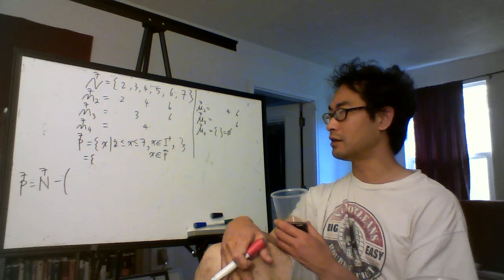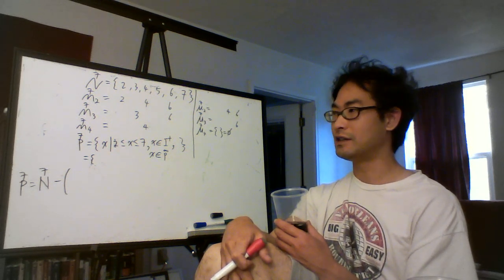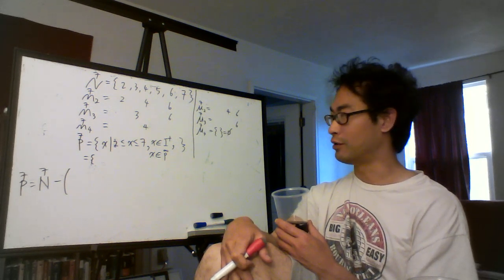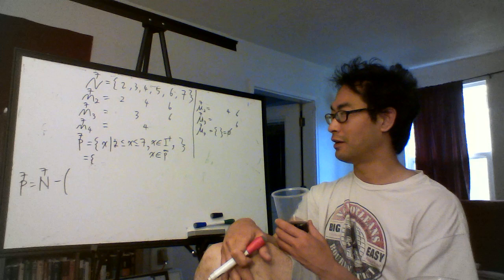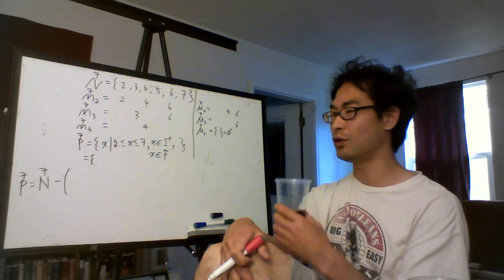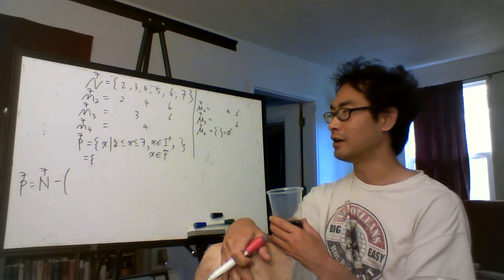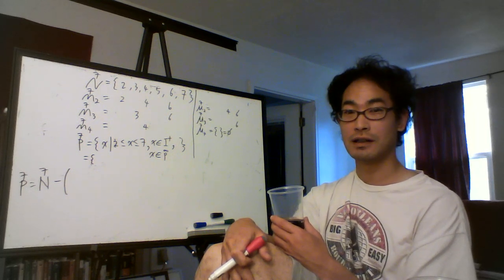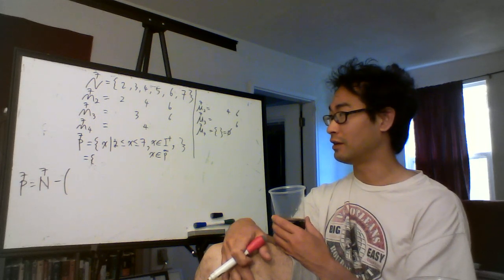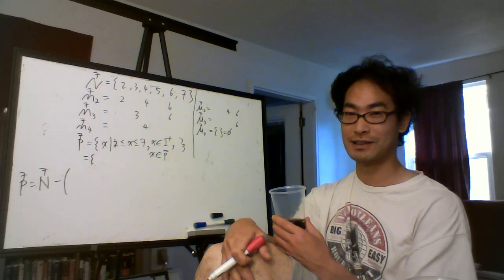It's a set each of whose members are less than 7, something like that. It's a set each of whose members is 7 or less.